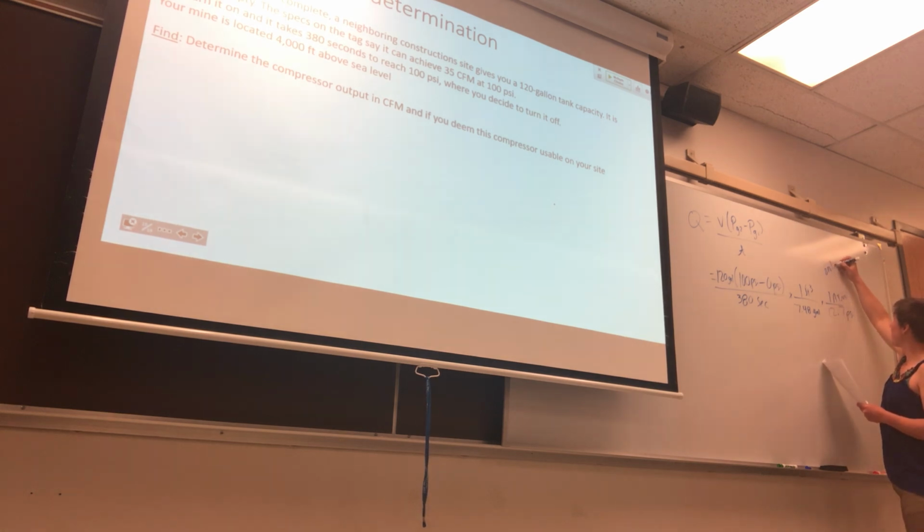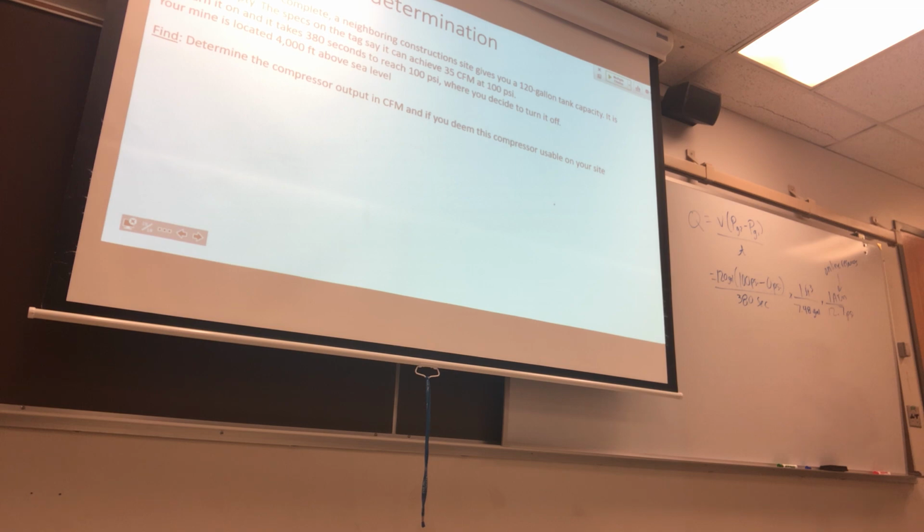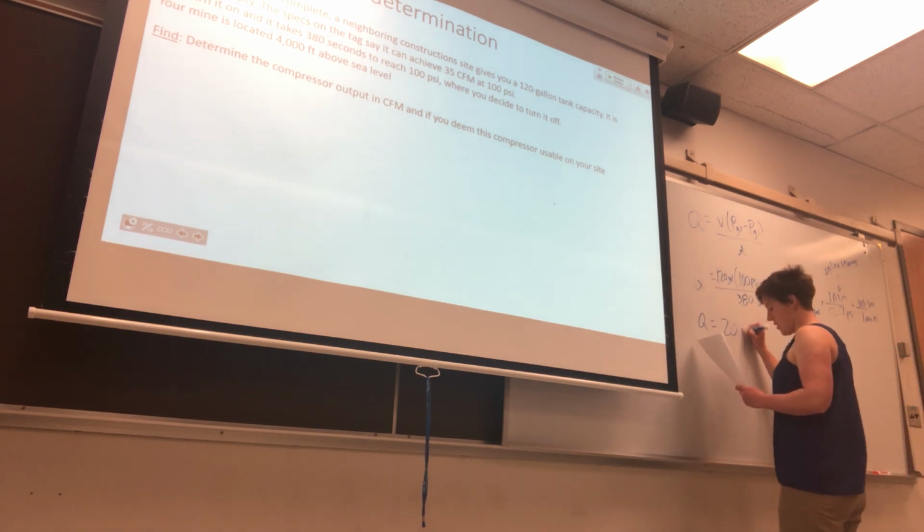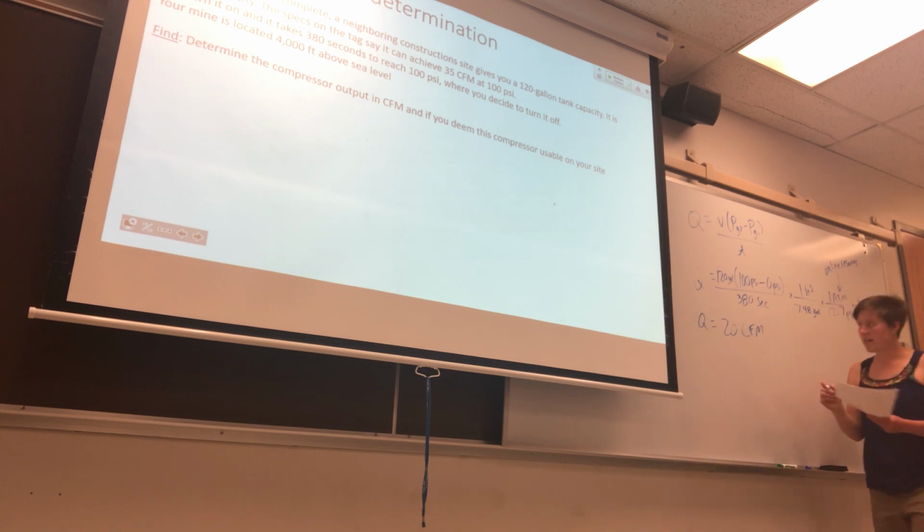So online resources are cool too. I'm happy some people used equations from last class. That's great. And then we have seconds and we need to get to minutes. Sum that out, we get about 20 CFM.